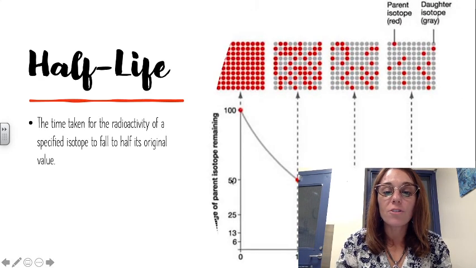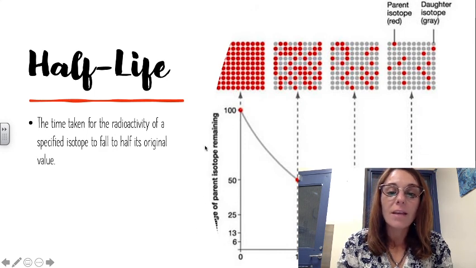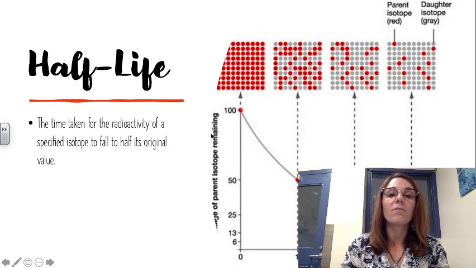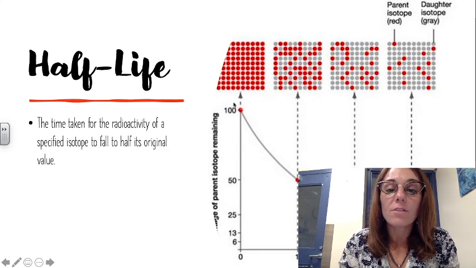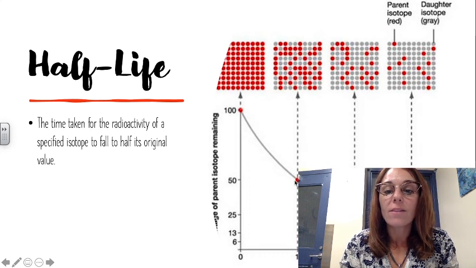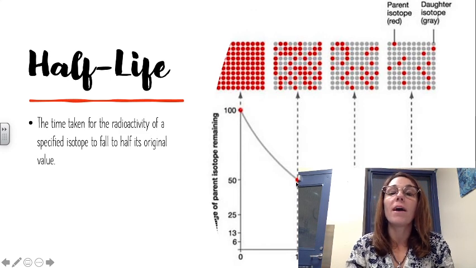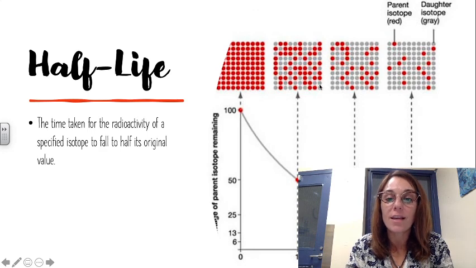So this graph here shows what's happening. On the bottom here, we have the number of half-lives, and here is the percentage of the original isotope that's remaining. So our original isotope is 100% radioactive. After one half-life, it's gone down to 50%. After a second half-life, it goes down by 50% of that second total.